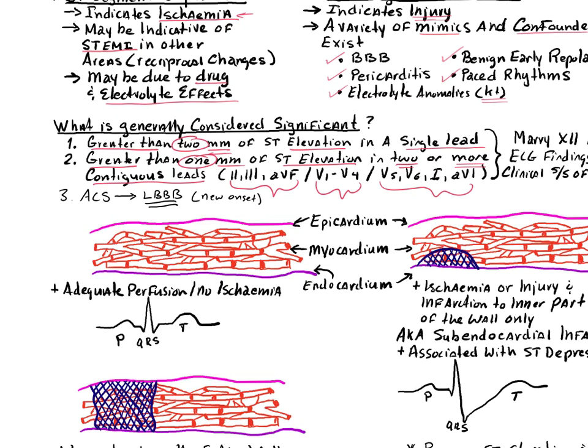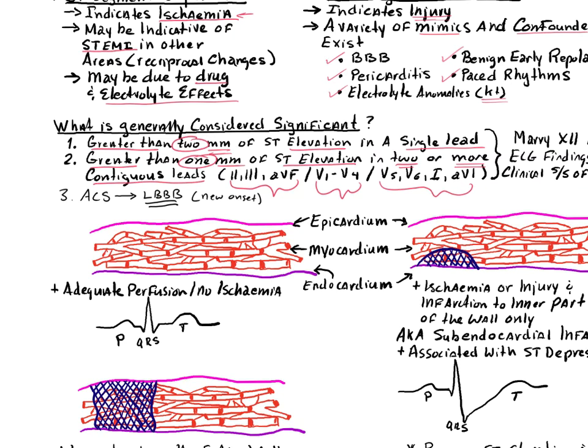What are you going to have to assume in that case? STEMI. You're going to have to go with the worst case scenario, because that left bundle branch block basically obliterates a proper examination of the ST segment. You guys okay with that? So far so good?